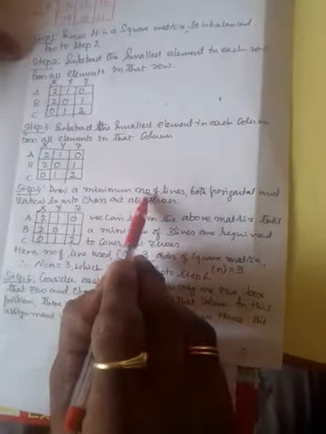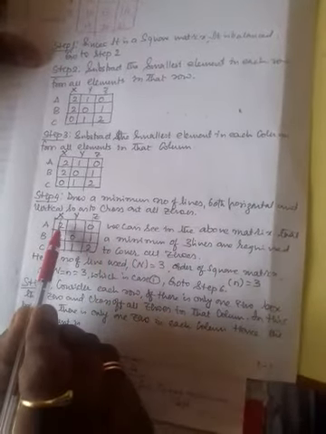Draw a minimum number of lines, both horizontal and vertical, so as to cross out all the zeros. It should cover both horizontal and vertical to cross out all the zeros. In the first column, only one zero, second column one zero, third column one zero. Therefore, I am taking it in this manner.